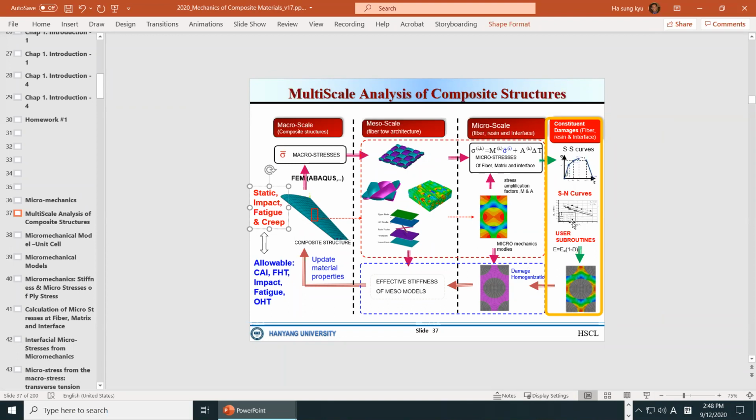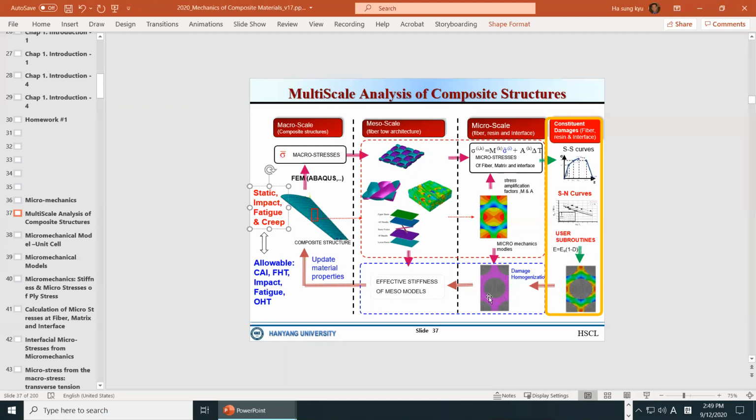And since we know the stress level in each constituent, we can degrade the material property depending on the stresses. Once we have a degradation, the stress distribution will change depending on this damage level, for example the SN curve for the case of fatigue.